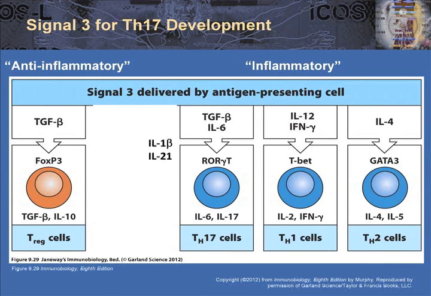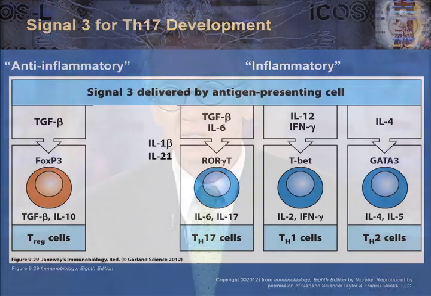As I'll tell you about in more detail, these cytokines work in concert to induce the signature transcription factor for Th17 development, ROR-gamma-T, which then allows the Th17 subset to develop, survive, proliferate, and perform their functions, which we'll discuss. Then afterwards, we'll talk about signal 3 for an important anti-inflammatory subset known as T regulatory cells.